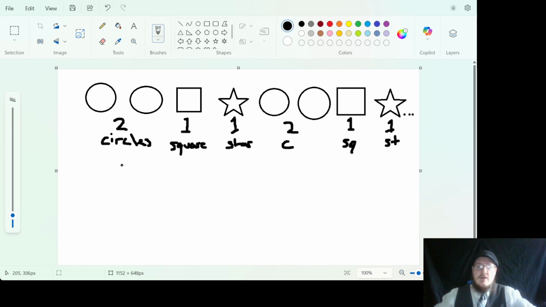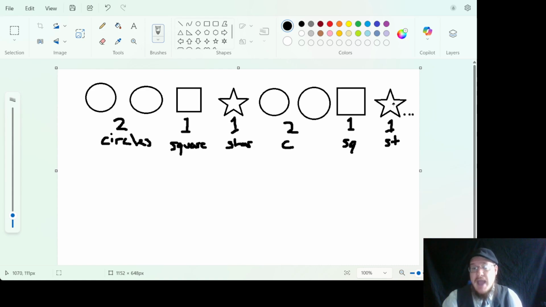Okay? So, quick and easy. For this pattern, we have two circles followed by one square, followed by one star, and then the pattern repeats. Boom, boom, boom. Quick and easy right there. We have our pattern here right in front of us, and it's just that little sentence that expressly states what happens. Two circles, followed by one square, followed by one star, and then repeats.